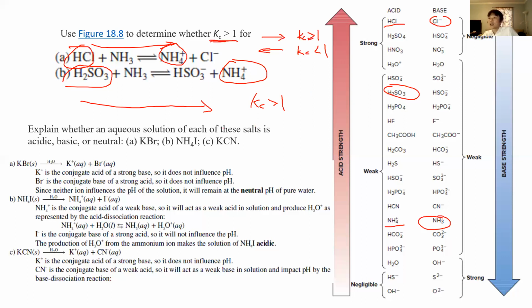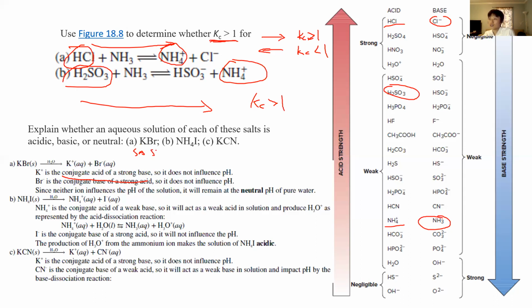The next problem is to determine the property of a salt solution based on the cation and the anion. In this case, we have the conjugate acid of a strong base, and Br is the conjugate base of a strong acid.